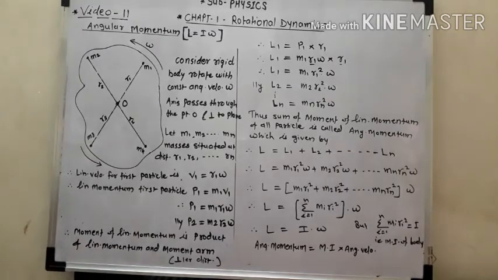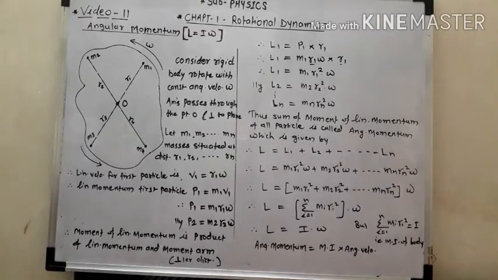Then we have to find the moment of linear momentum. What is meant by the moment of linear momentum? It is the product of linear momentum and moment arm. The moment arm is the perpendicular distance, that is r1, r2, r3.